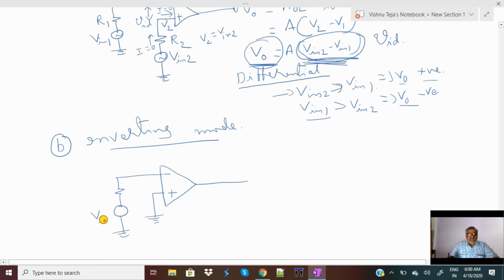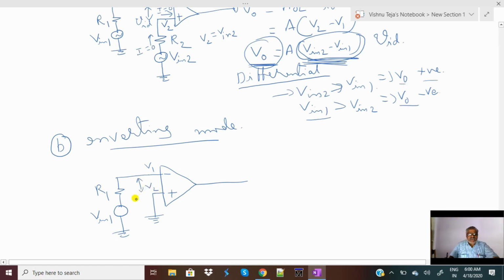That is Vin1, and the internal resistance of that can be represented with R1, and the voltage at the inverting terminal can be represented with V1, and the same at the other terminal is V2.